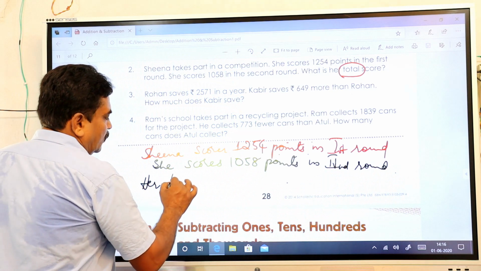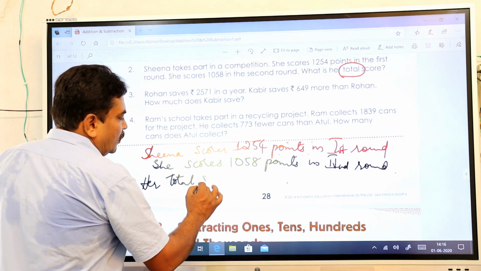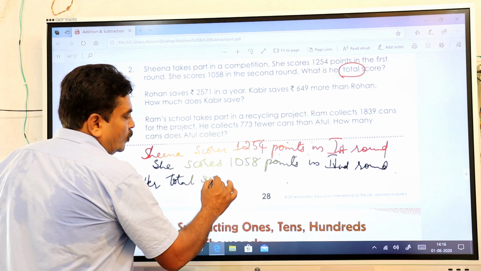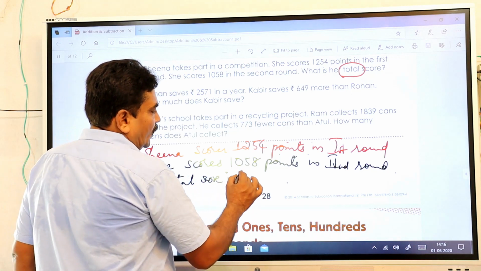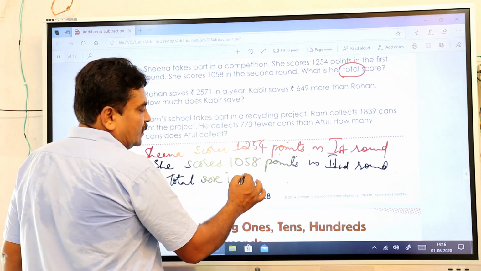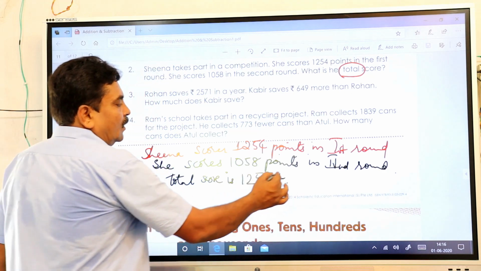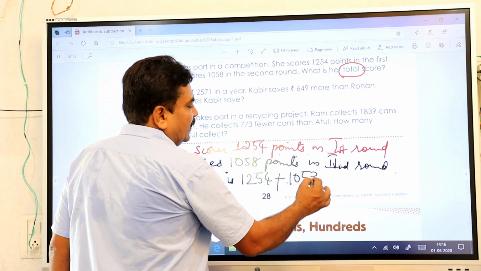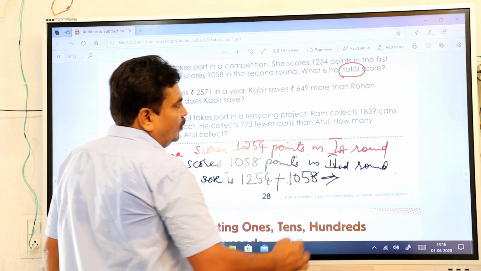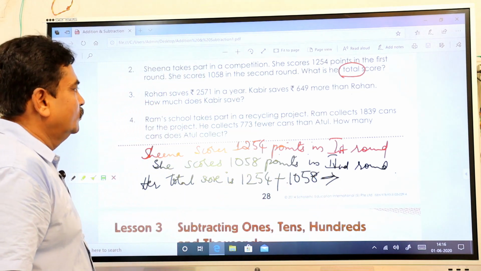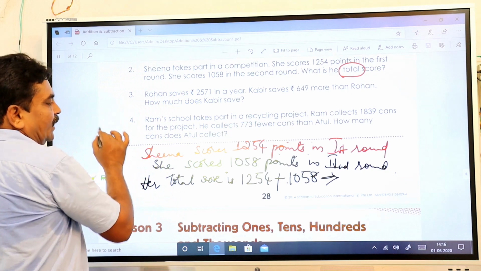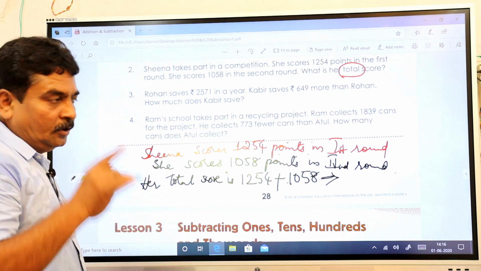Her total score is first round plus second round, that is 1254 plus 1058. You are going to add these two. I'll just add it here, but you should do it in a tabular form.